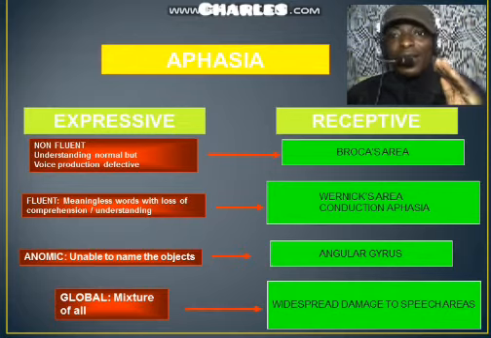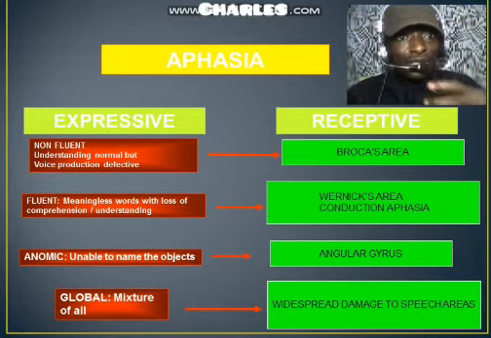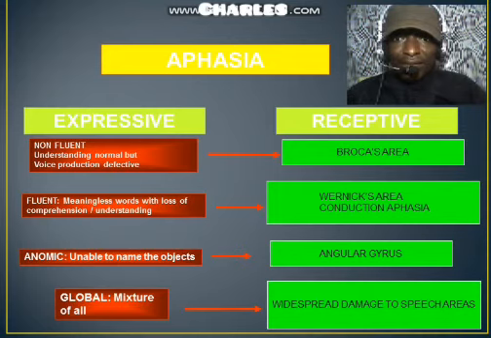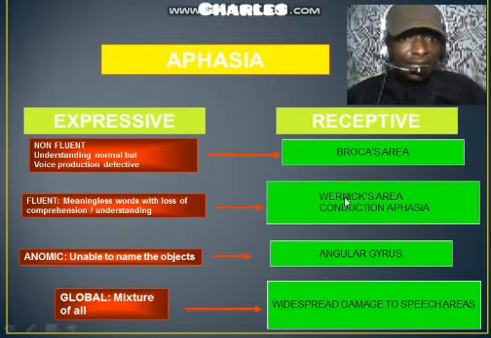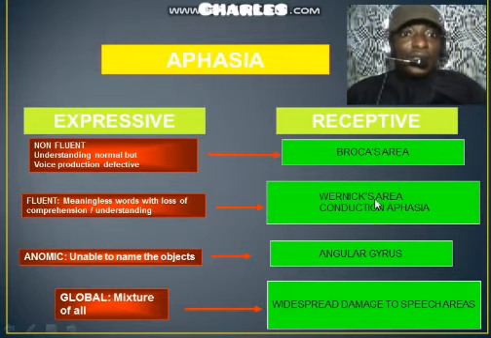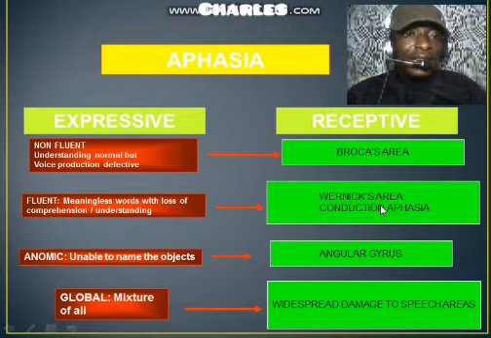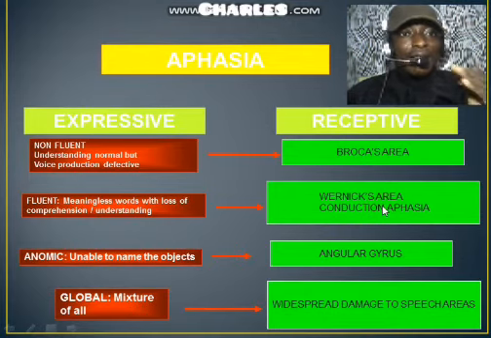Alright? Now, in this person, speech production is not affected, but the words being produced are abnormal, senseless. You can't make anything out of them. So the area of the brain that is affected here is the Wernicke's area. Okay? Alright, in conduction aphasia, the problem lies within the arcuate fasciculus.